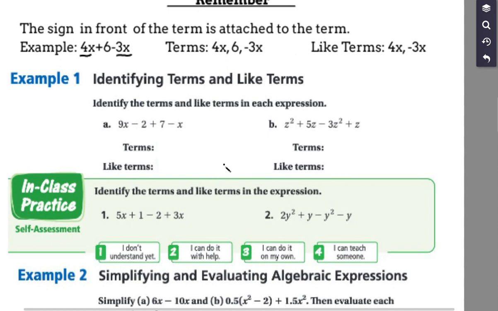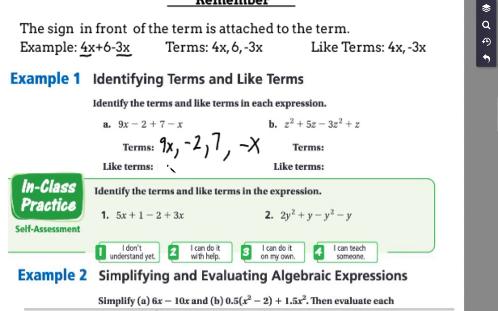I'm going to do number 9. So the terms, we're going to break it down: 9x, and then the negative 2, make sure you keep the negative with it. And then we have the positive 7, and then the negative x. All right, so those are 4 terms in this: 1, 2, 3, 4.